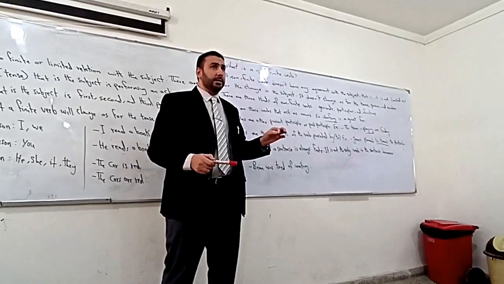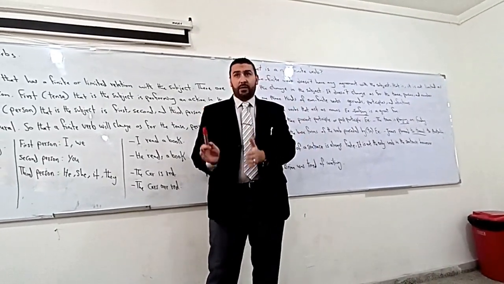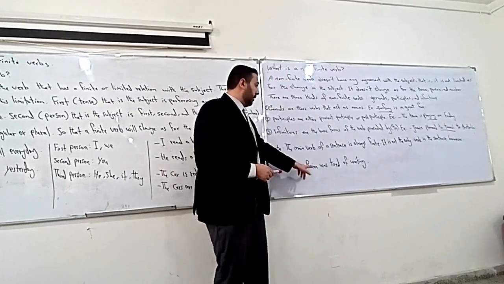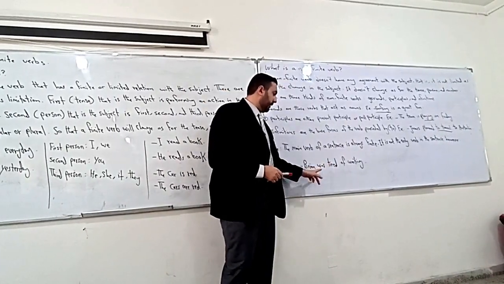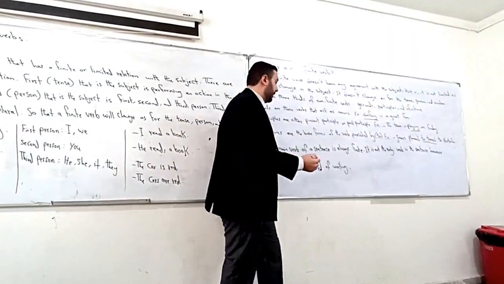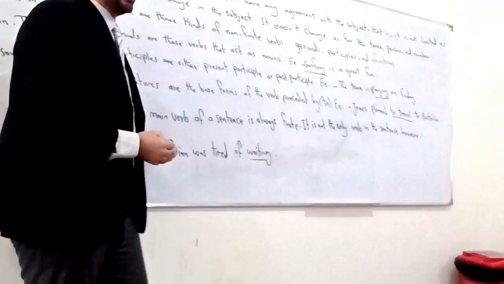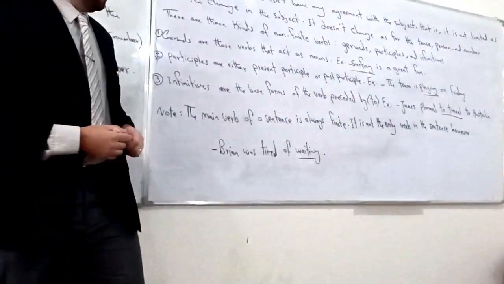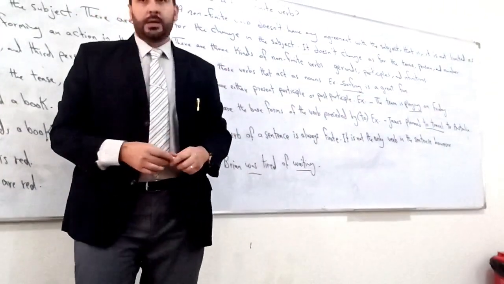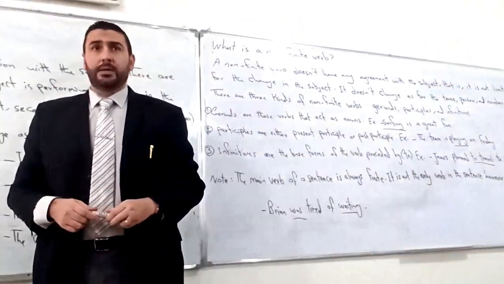In the same sentence, you may encounter a finite verb and a non-finite verb. For example, Brian was tired of waiting. Here, waiting is a non-finite verb, and was tired is a finite verb.